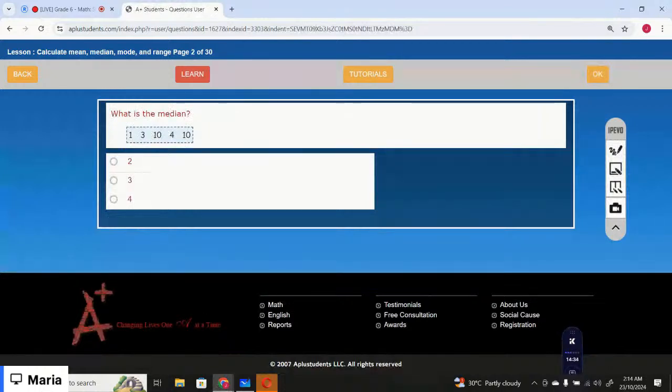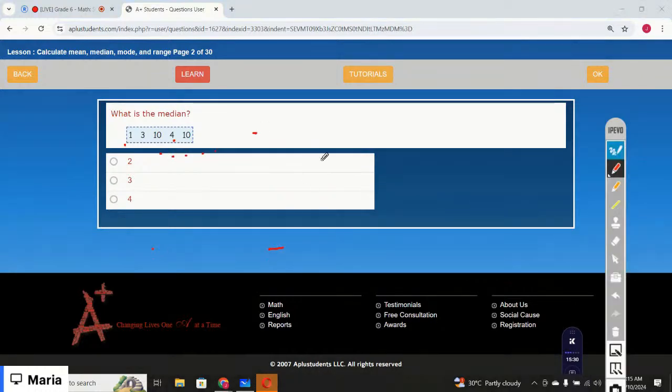What is the median? Median is the number that divides the data into two exactly equal groups.